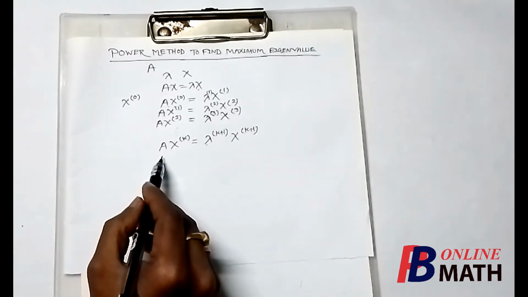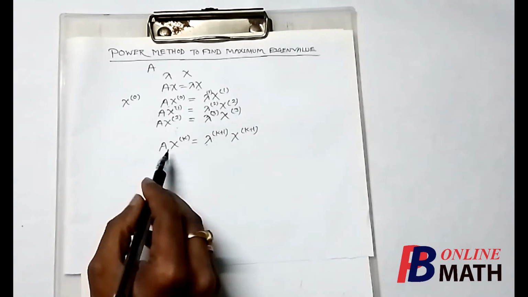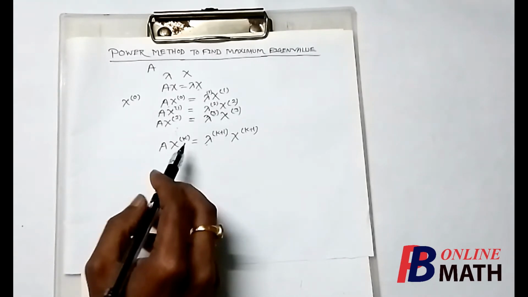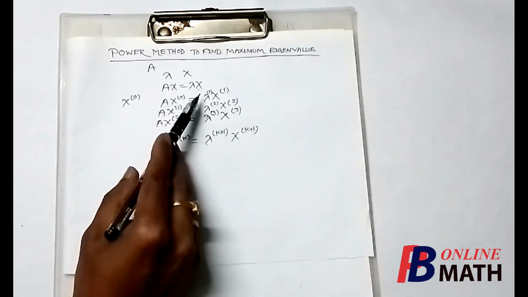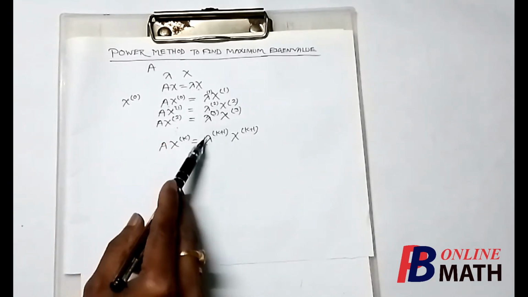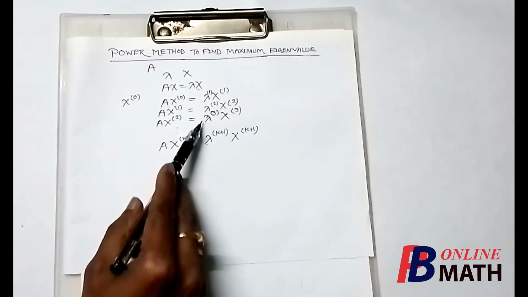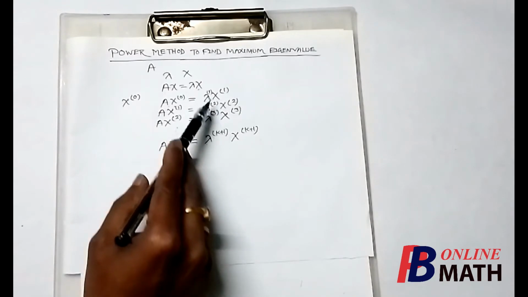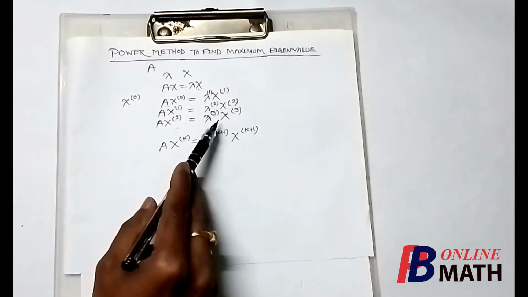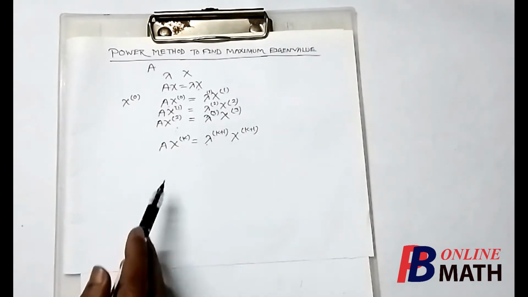So this is the required iteration formula to find the maximum eigenvalue and corresponding eigenvector. In this method, lambda 1, lambda 2, lambda 3 are successive approximations of the eigenvalue, and x1, x2, x3 are the corresponding eigenvectors.